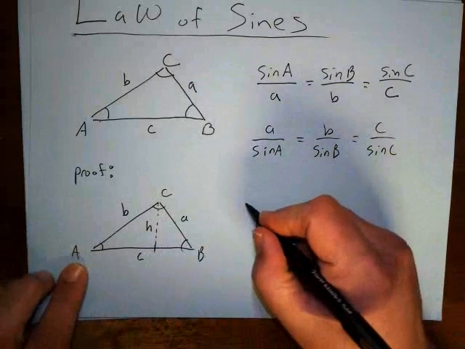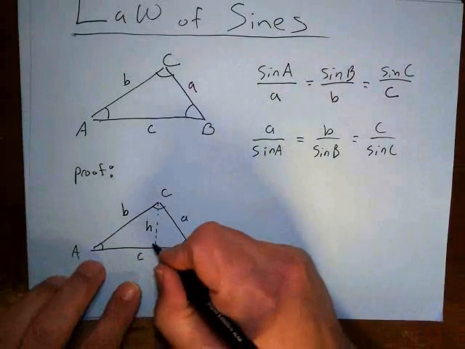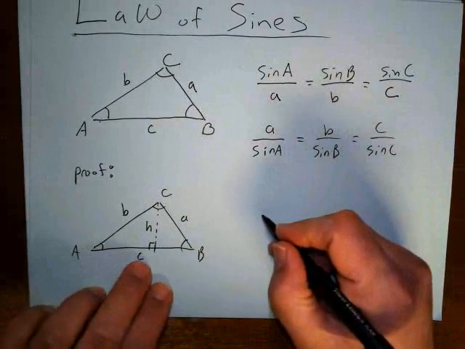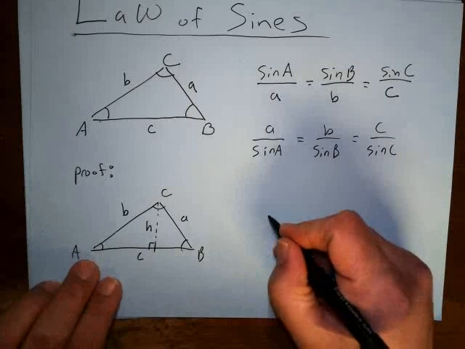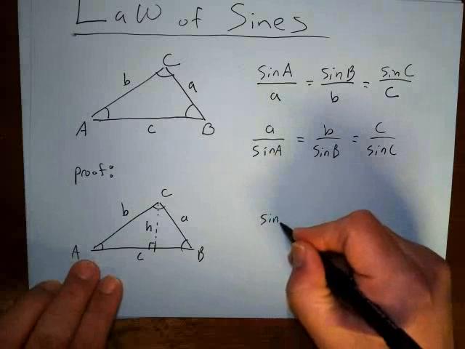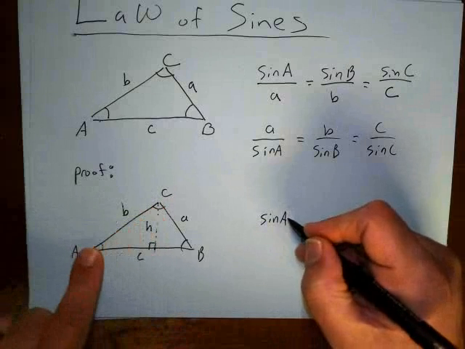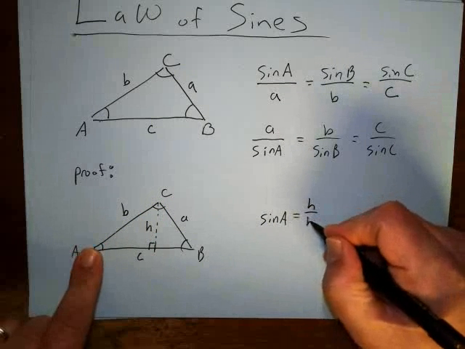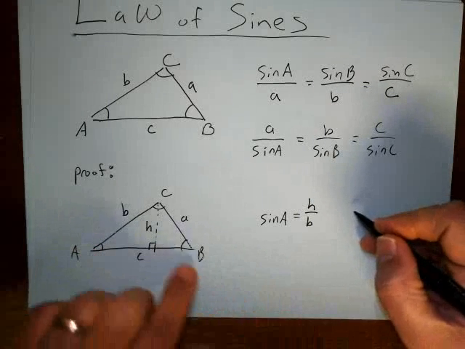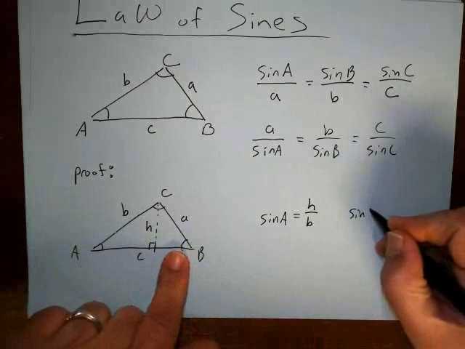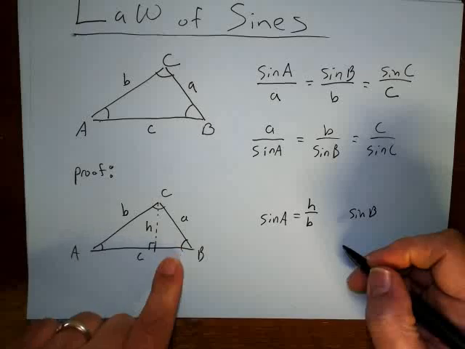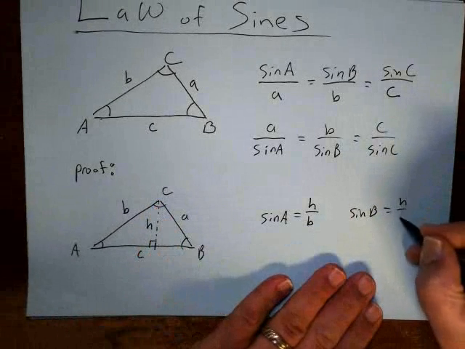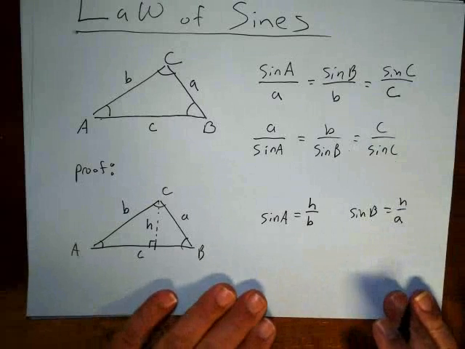You can see this is a right triangle. So the sine of A is the opposite over the hypotenuse, so it would be H over B. And the sine of B is the opposite over the hypotenuse, so this would be H over A.